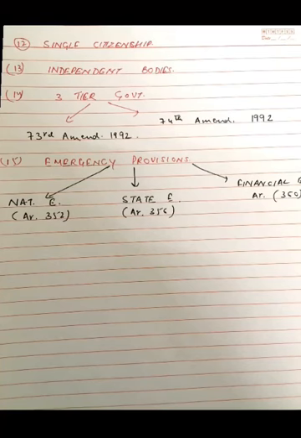State emergency is the President's rule on the ground of failure of the constitutional machinery in the state, or failure to comply with the directions of the Centre. This is under Article 356. And the next is Article 360, which is the financial emergency, which is proclaimed on the ground of threat to the financial stability or credit of India.